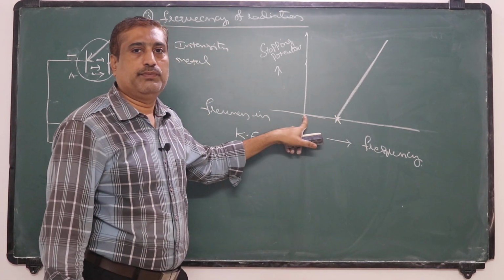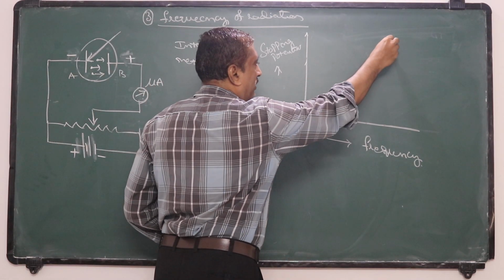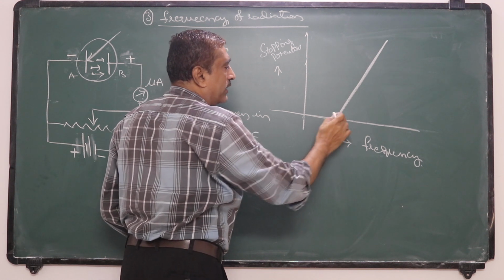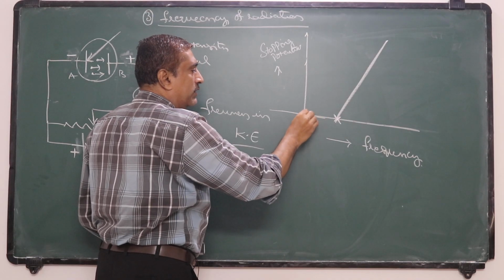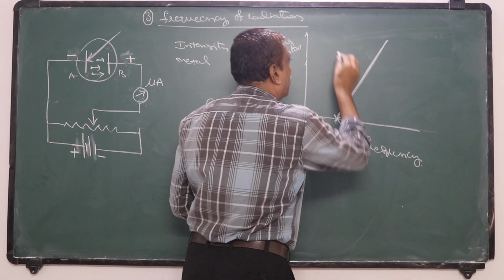And from this curve we can see that at a particular frequency value like this, the stopping potential is 0. We have drawn curves for different frequencies like this. At a particular frequency value on this axis, the stopping potential is 0, and this frequency is called the threshold frequency.